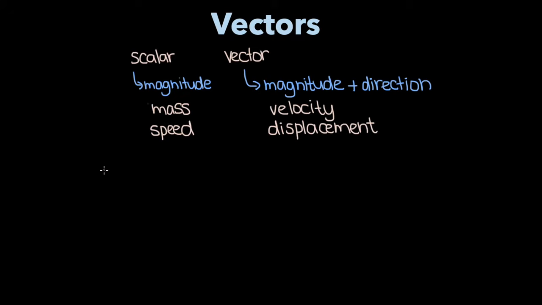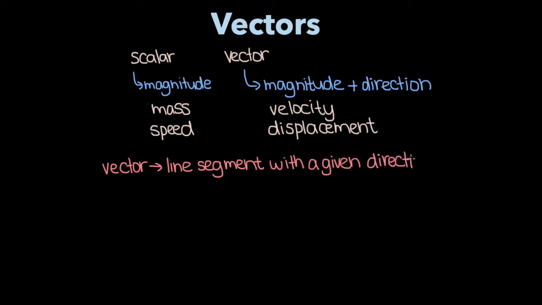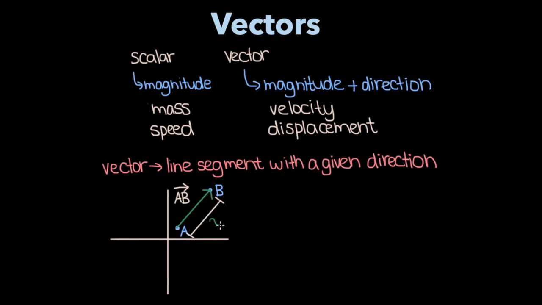Now when we're thinking of a vector on a plane, what that's going to be is a line segment with a given direction. So let's say we have this coordinate plane, and on that plane we have the point A and the point B. Then the vector AB is going to be the line segment that points in the direction of B, starting from A. For this vector AB, which we write with the arrow over it, that's just notation, the direction is from A to B, and the magnitude of the vector is just the length of the line segment.